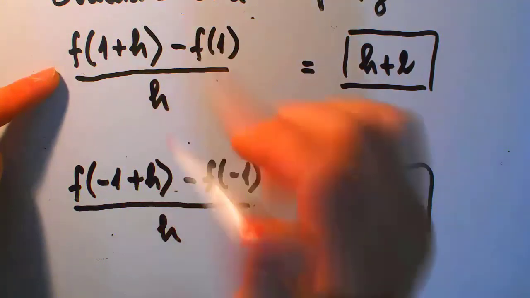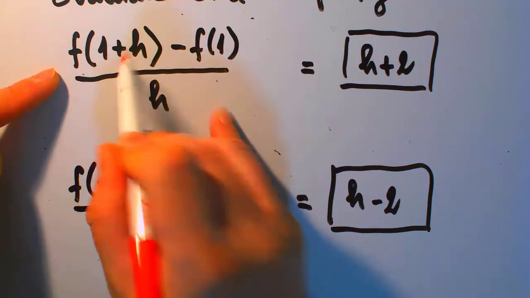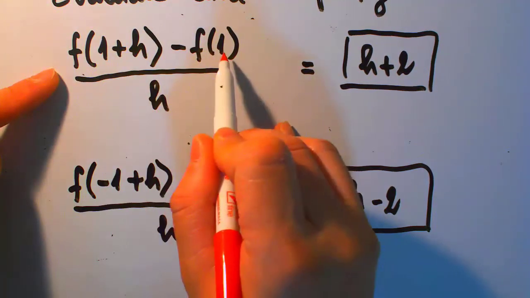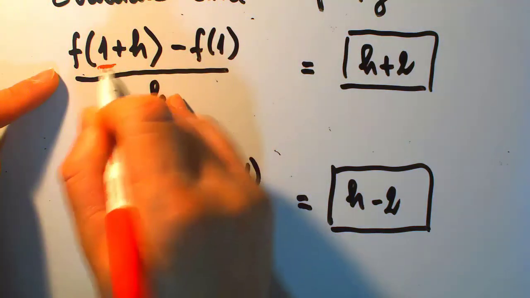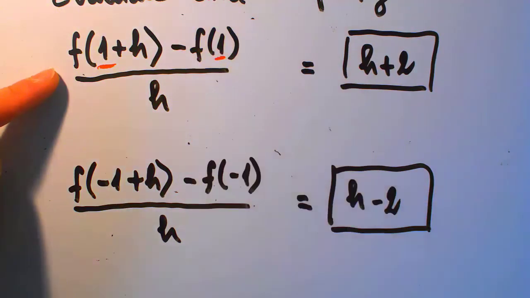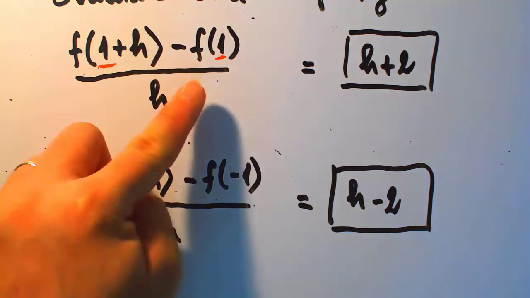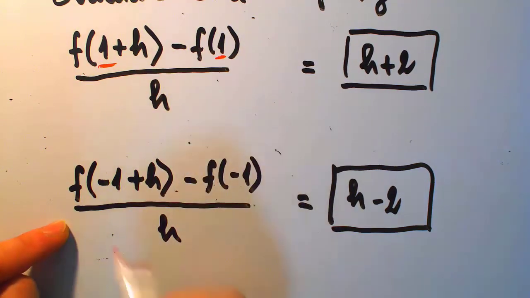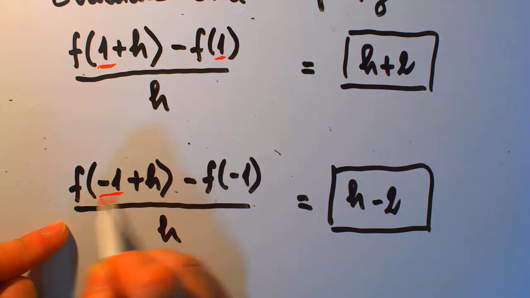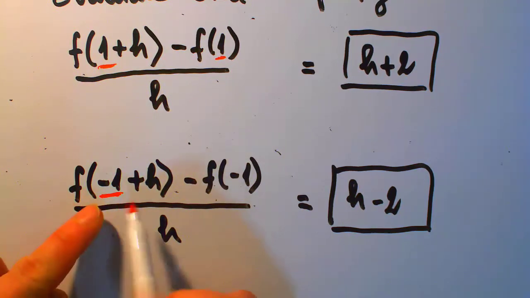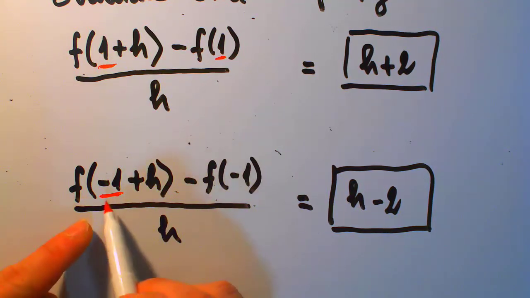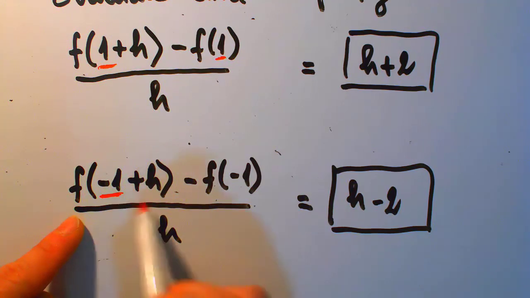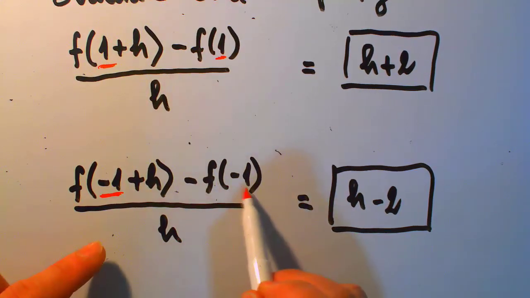The first one has the setup f of 1 plus h minus f of 1. Look at that repeated element that I underlined with my red ink. That similar thing was done again in the next problem, f of negative 1. I just switched from a value 1 to a negative 1, but the exact same setup happened: f of negative 1 plus h minus f of negative 1 over h.